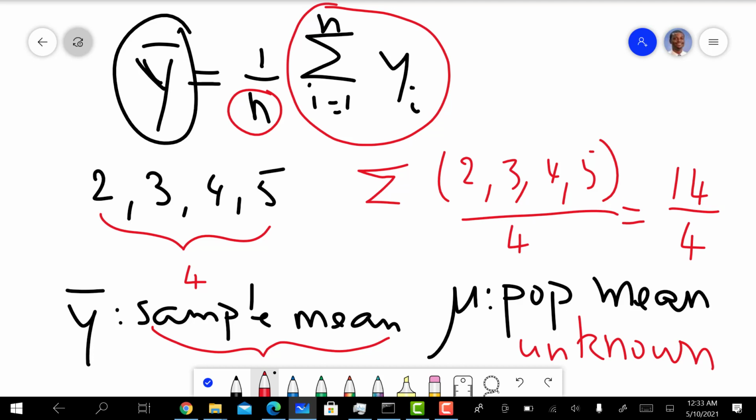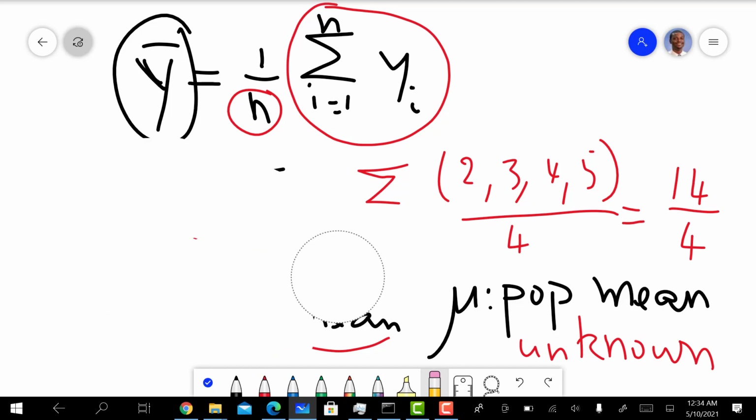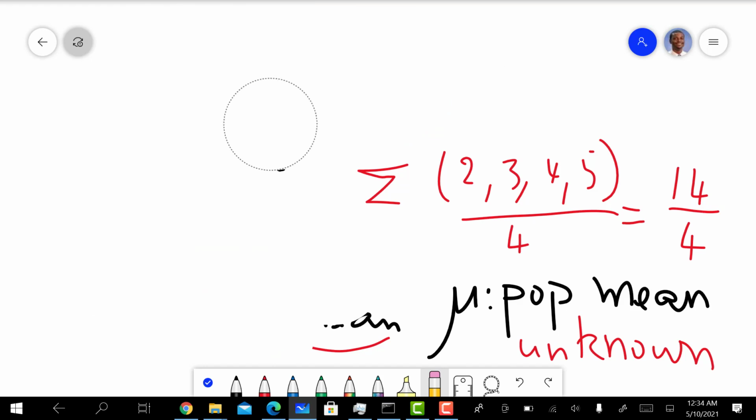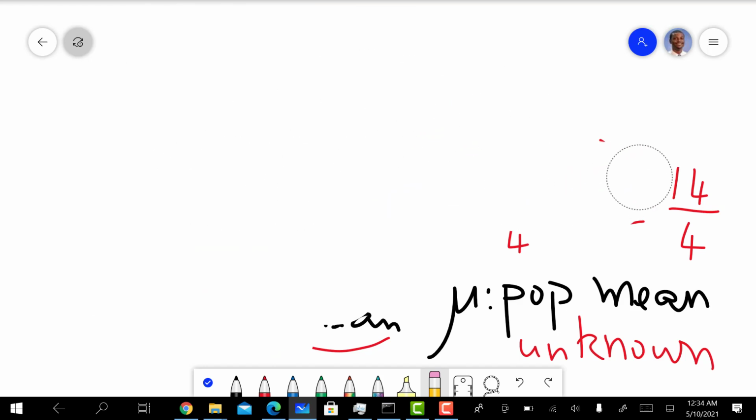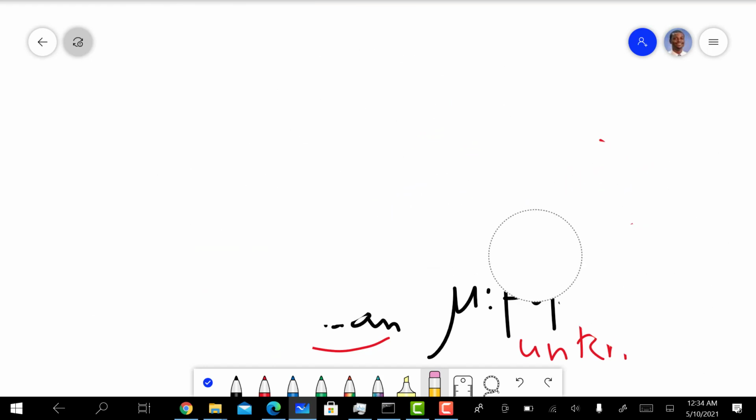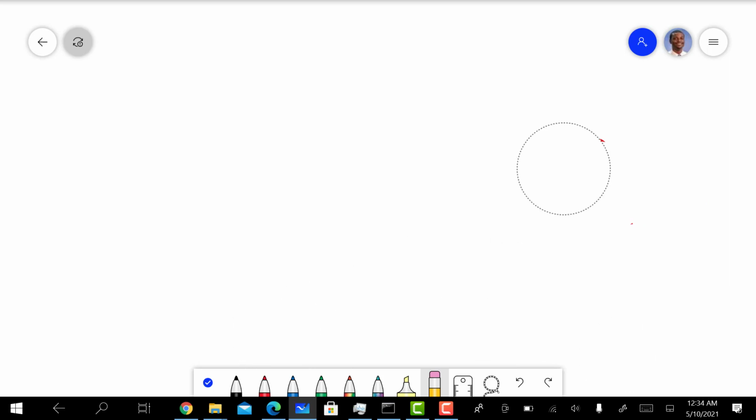All right, so let's get to the standard deviation and the variance. Let me erase all this. The variance is pretty simple to understand.